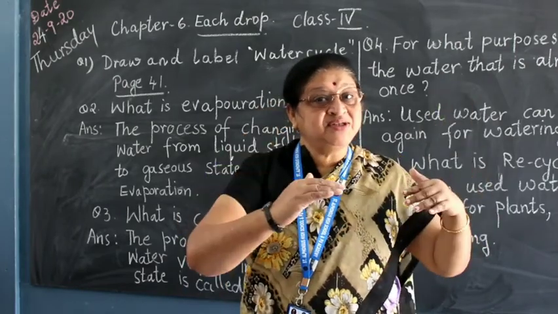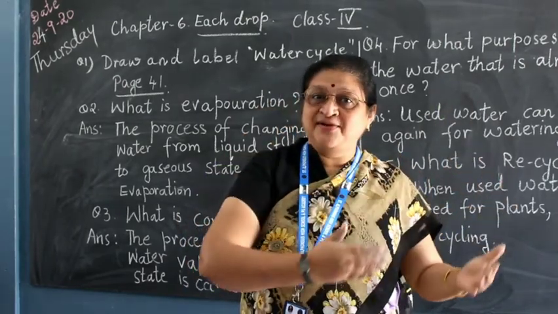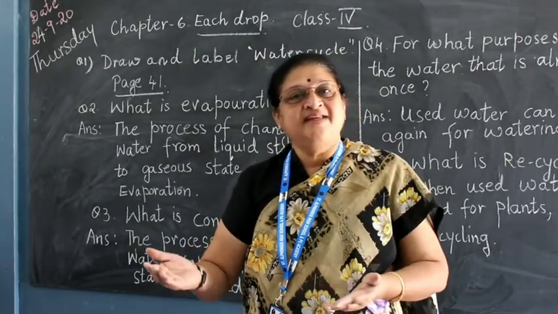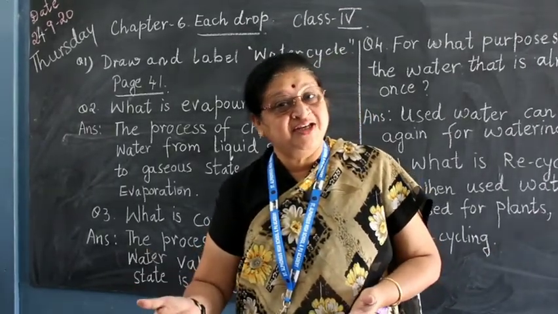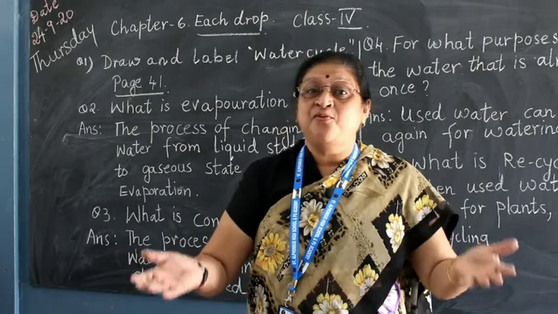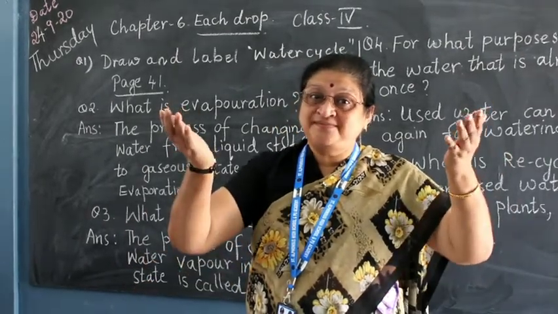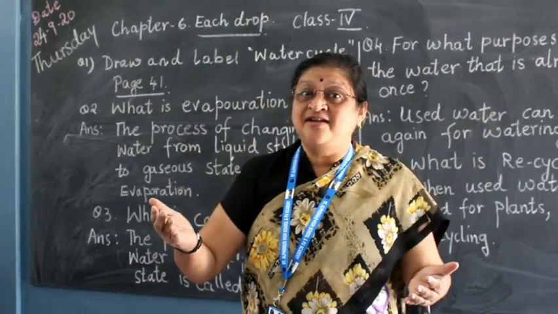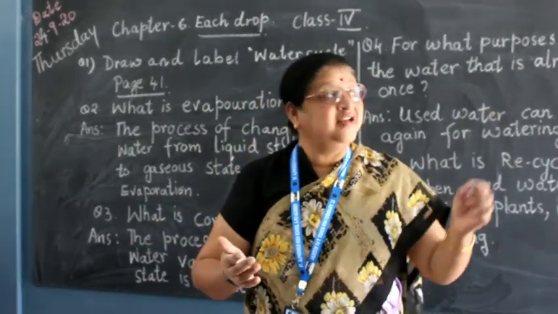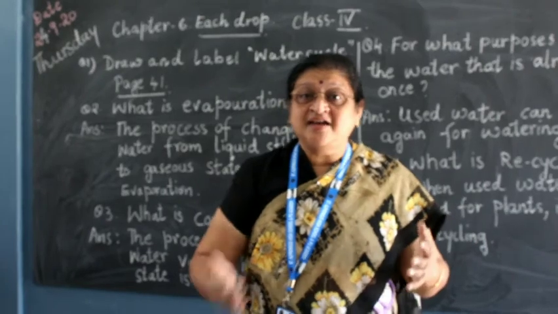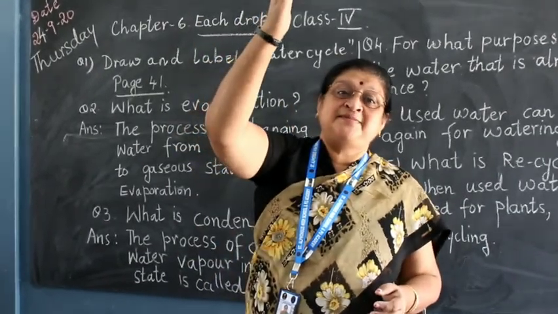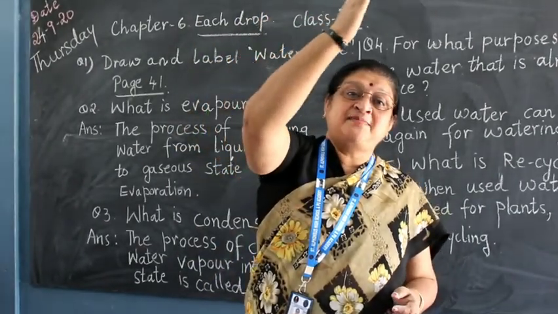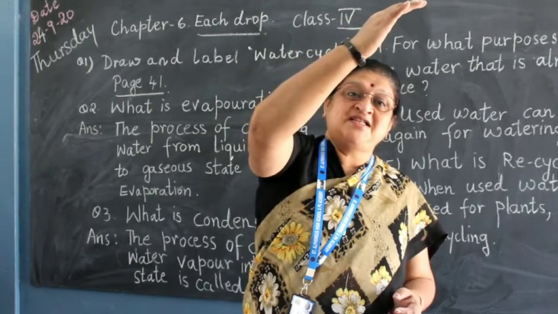So when it rains, children, again the river flows, and the pond, the sea or the ocean has more water, its level goes up. Again when the sun is in the sky and gives heat, the water goes up again. Again droplets and clouds are formed with condensation.